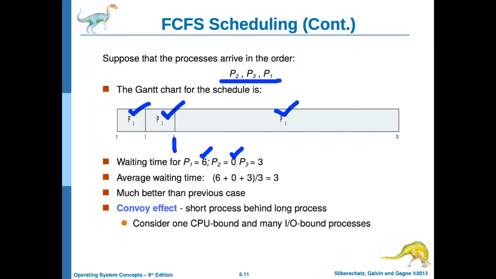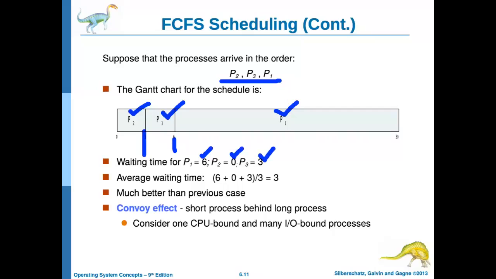And the waiting time for P3 is just 3. Why? Because while P2 is executing, P3 is waiting. So P3 is actually scheduled at time 3 here. So the waiting time of P3 is equal to 3.